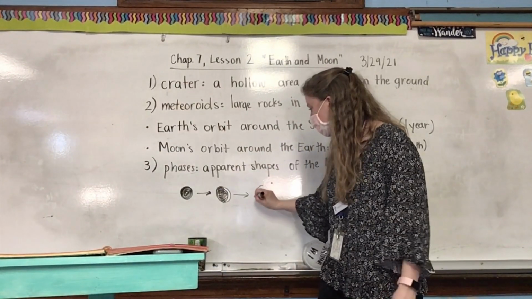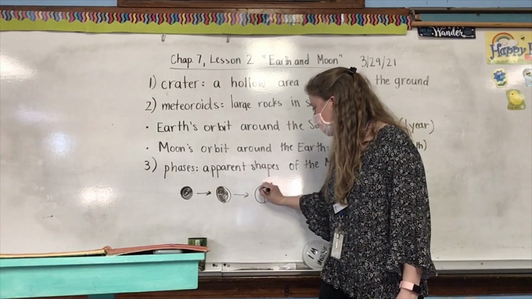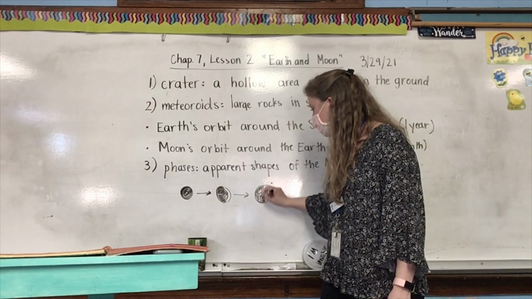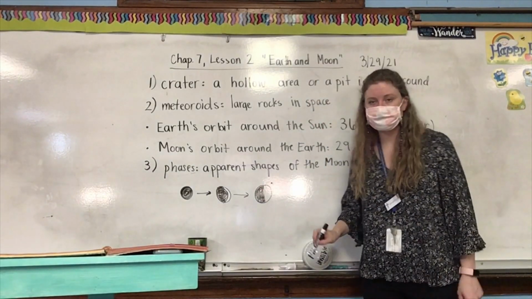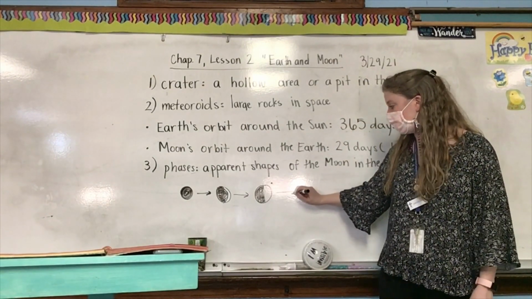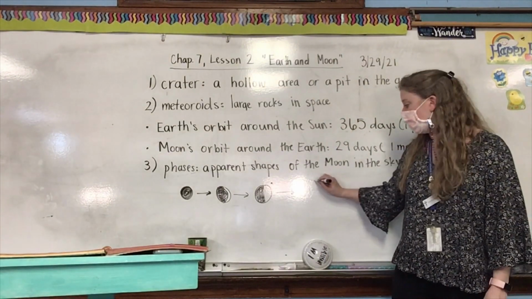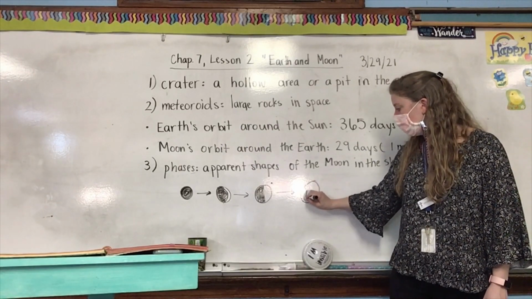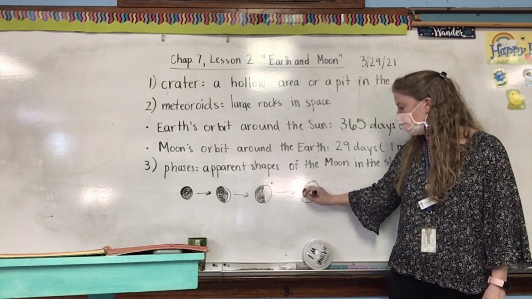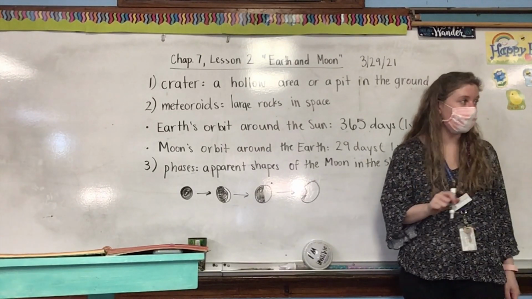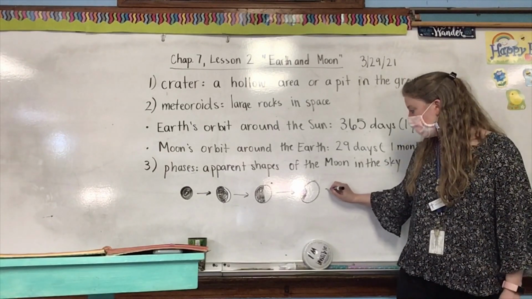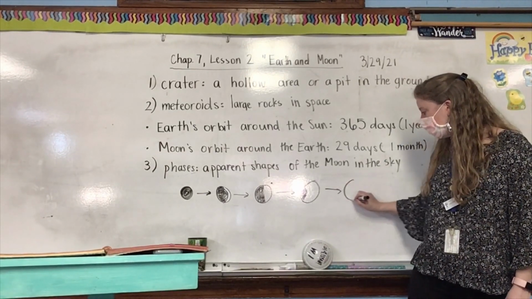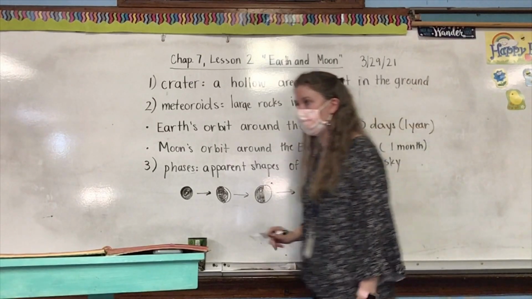Then we have the first quarter moon, which means we can see about half of it. Make sure you're putting the lighted side on the right side. Then we have the waxing gibbous, which means we can see almost all of it. And then we have the full moon.